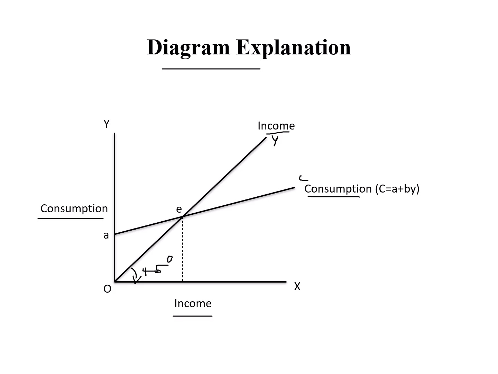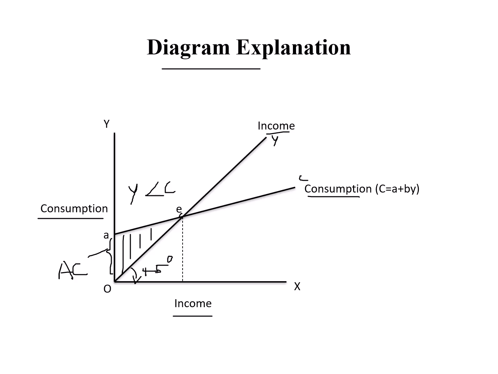Initially you can see income level is 0, but consumption is A. In this portion income is 0, but this much consumption is there. We call this space autonomous consumption. In this portion, you can see that income is less than consumption.